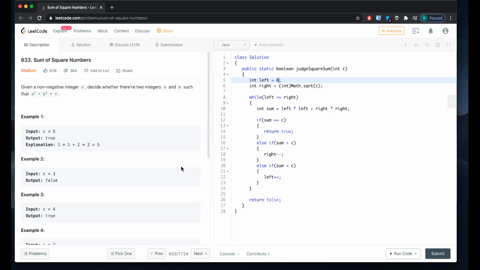Why are you taking the root of C as the right pointer? That I'm not getting. I tried to hand trace it last night too. You have the equation A squared plus B squared is equal to C. So let's say A is 0, then what will be your B?